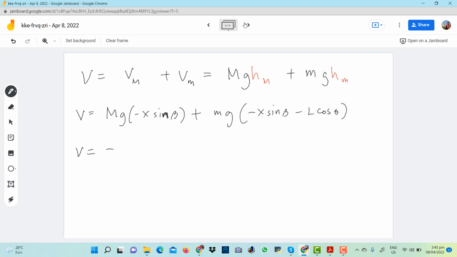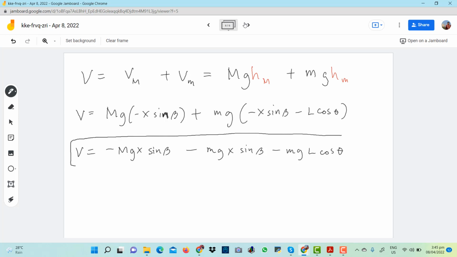The potential energy is equal to minus Mg x sine beta minus mg x sine beta, minus mgL cosine of theta. Okay, so this is my potential energy. Did you get the potential energy?